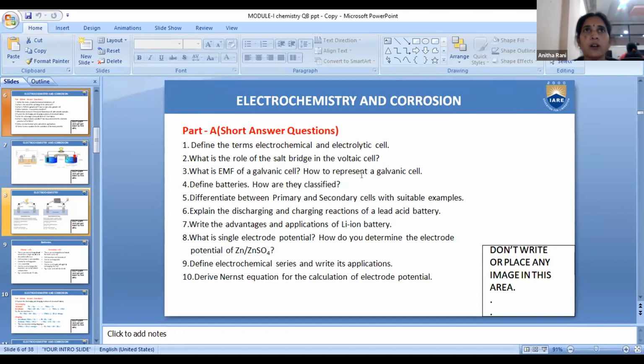We take a zinc electrode in zinc sulfate solution and a copper electrode in copper sulfate solution. We connect these two solutions with a salt bridge, and the two electrodes to a voltmeter. Now tell me the representation of the cell.